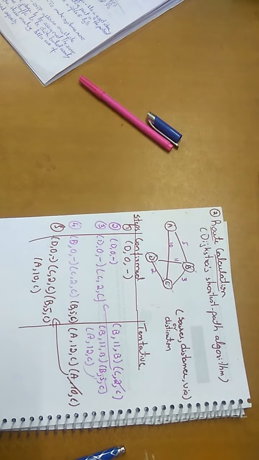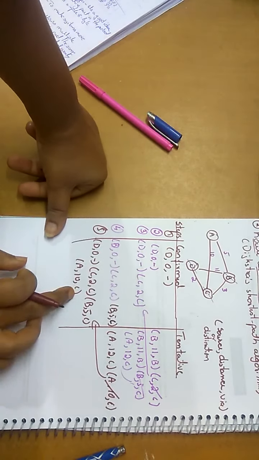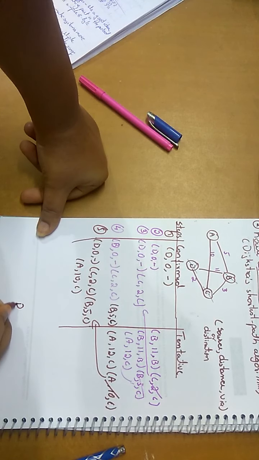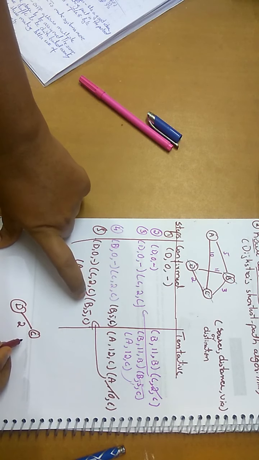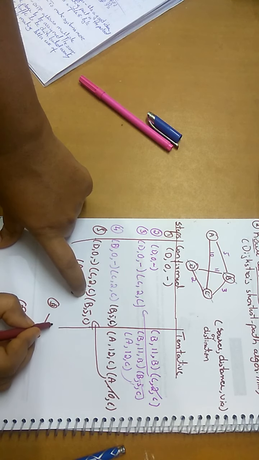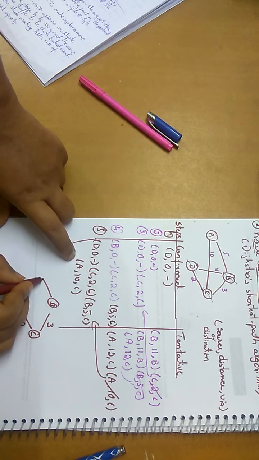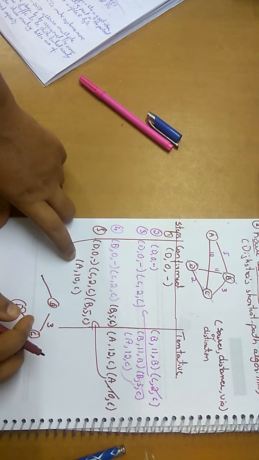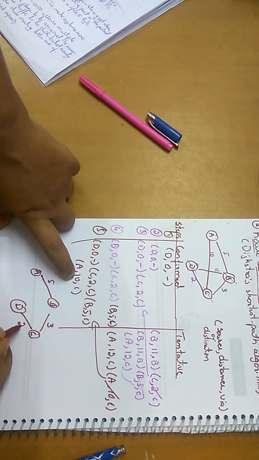So this is the confirmed graph. When you construct the confirmed graph with this, from D we went to C with a distance of 2, and from C we went to B, that is 2 plus 3, which is 5, and from B we went to A with a distance of 5 plus 3 plus 2, which is 10.